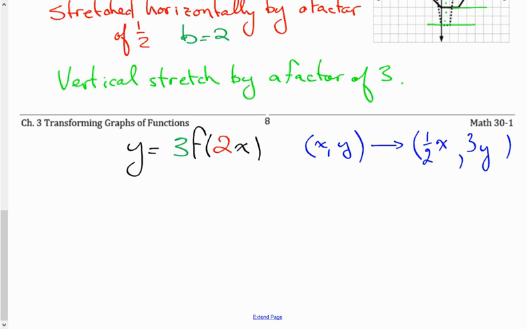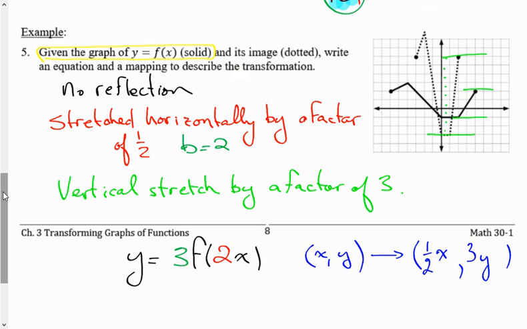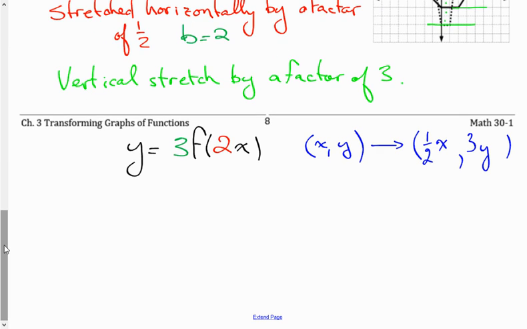And again, we could test it out. So I could pick a point on my original. Suppose I just picked this point. It was negative 1, 2, 3, 4, 5, 6. Negative 6 comma 2. And then see what happens to that under the mapping I wrote, just as a way of verifying. So negative 6 comma 2.